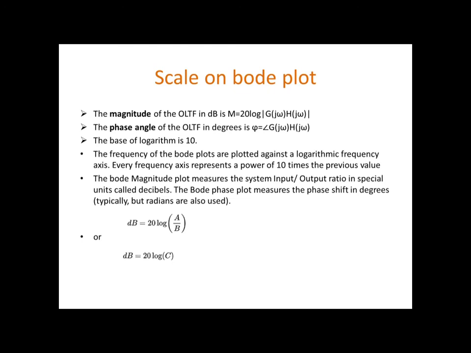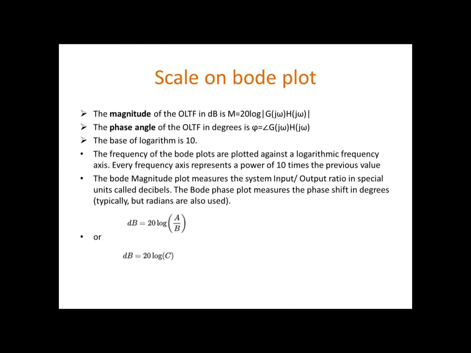So, the slope, which is actually the ratio of the y-axis by the x-axis, can be measured in dB per decade. That means decibel per decade. So, if we consider an example, the frequency band between, suppose, 0.3 and 3 radian per second is known as a decade. Now, the Bode magnitude plot measures the system input output ratio in the dB unit.